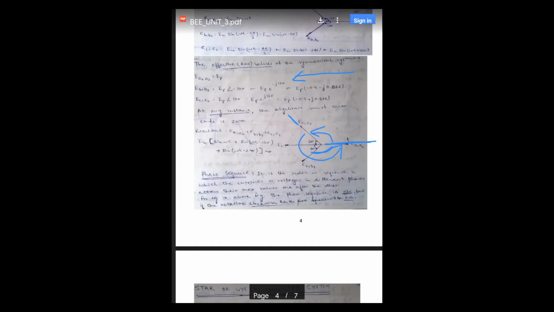So it can be represented in such a manner also, as EP angle 120 degrees, or EP e^(j120). So that becomes EP cos of 120 plus j sine 120, and it is represented like this.